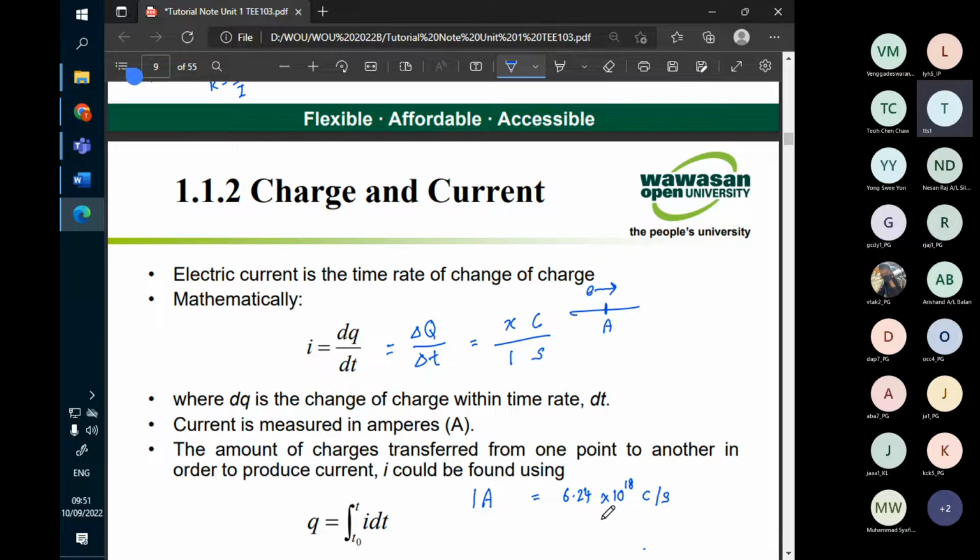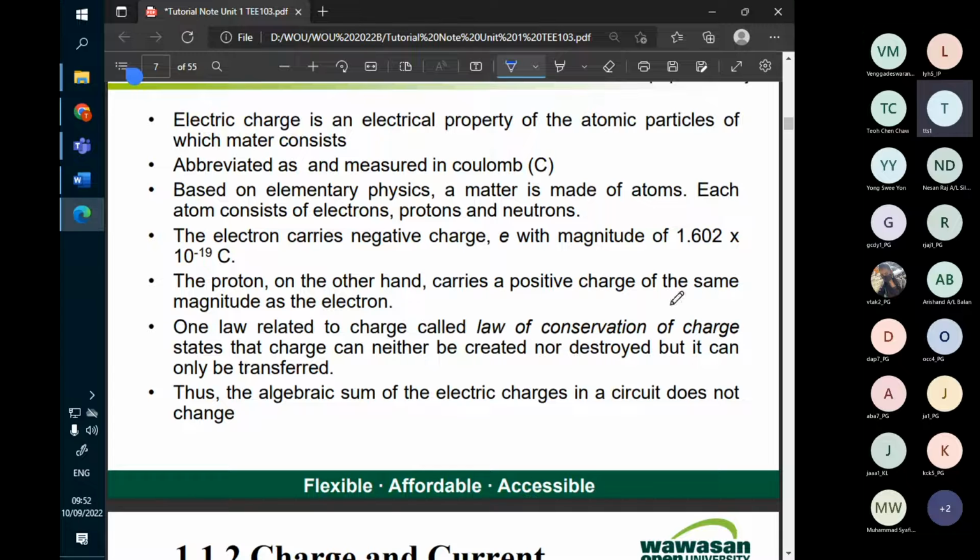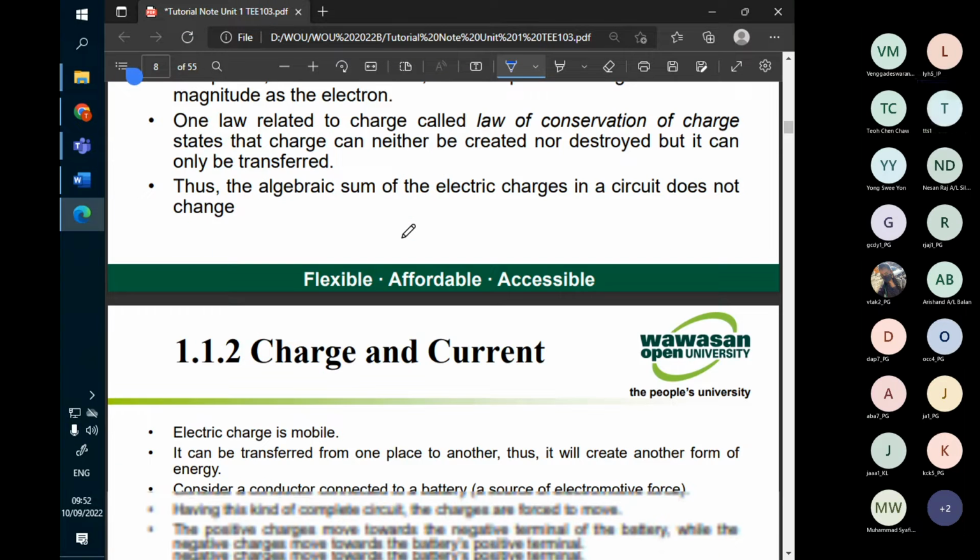But if you recall, one charge, one proton or electron, only has 1.6 times 10 to the negative 19 coulomb.